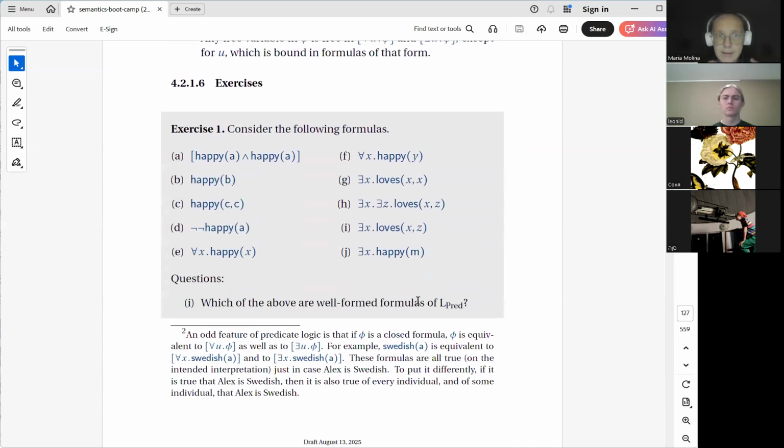Now, exercise. Which of those are well-formed formulas?